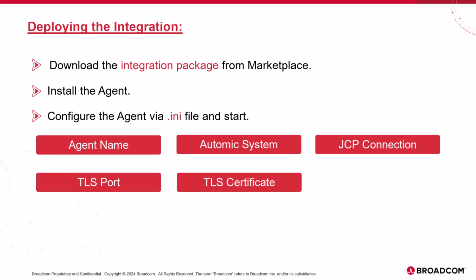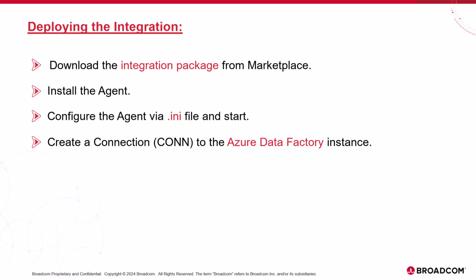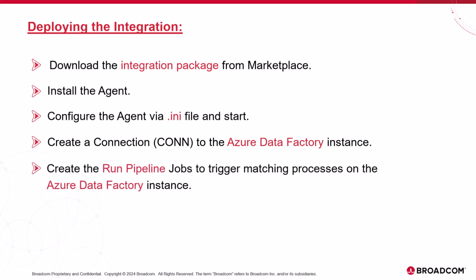New object templates are deployed. We create a connection to every Azure Data Factory instance we need to support. For this, we use the template con object, which we duplicate as many times as we need. The con object references the Azure Data Factory endpoint. Finally, we use the Azure Data Factory template jobs to create the jobs we need.